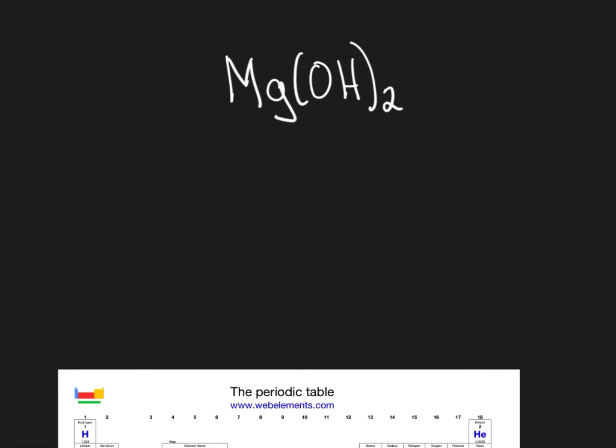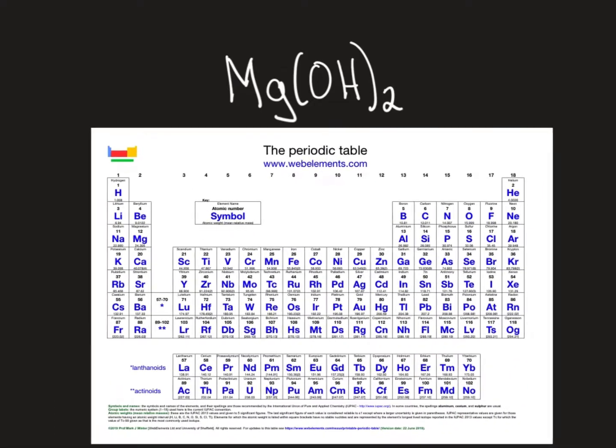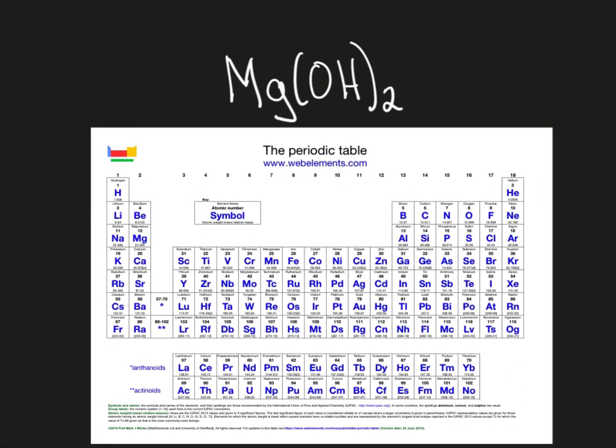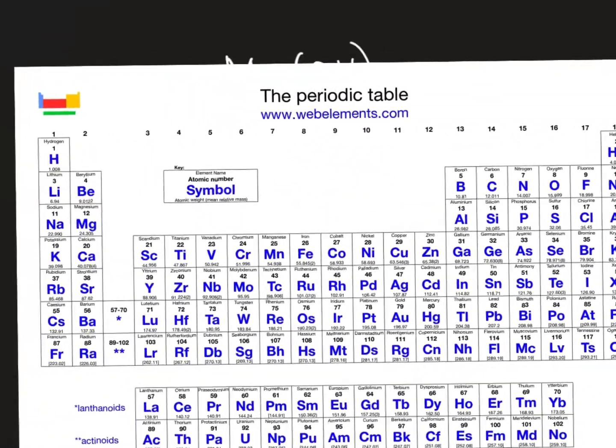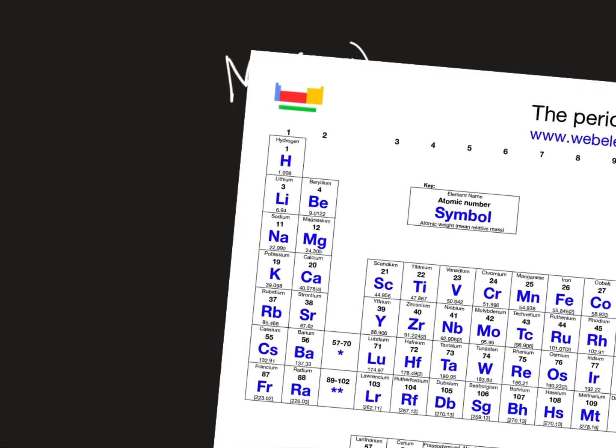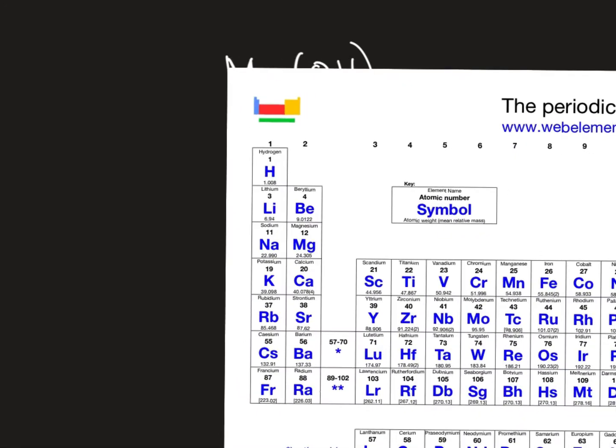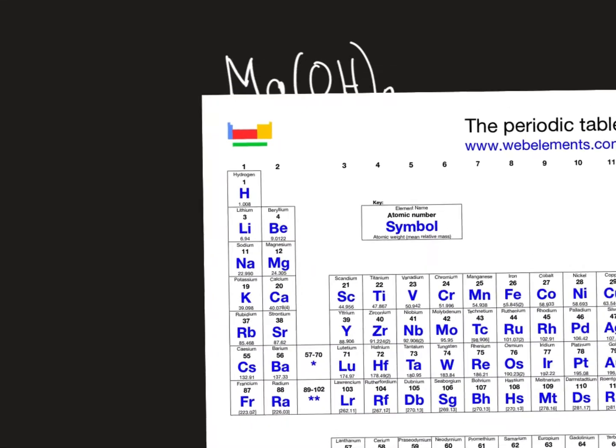So let's calculate the molar mass, and to do that we need our periodic table because you're going to need to look up the masses on each symbol. All right, so let's look at magnesium first. If you look at magnesium, it's over here, number 12. It has a mass of 24.305.